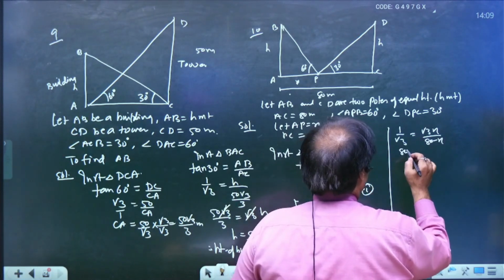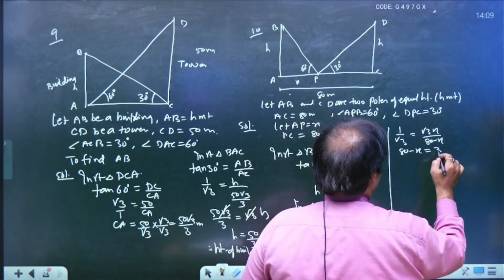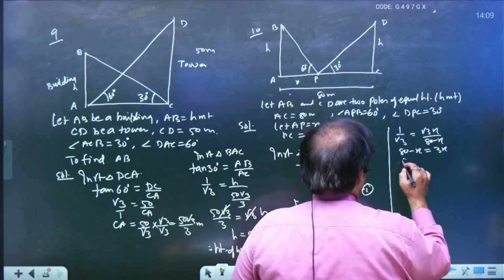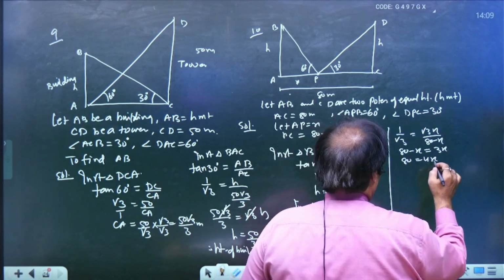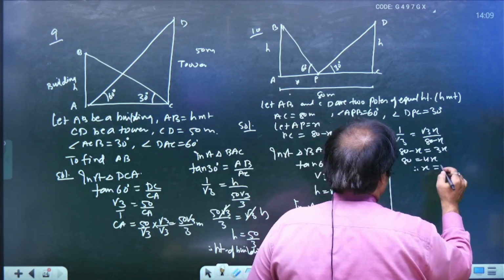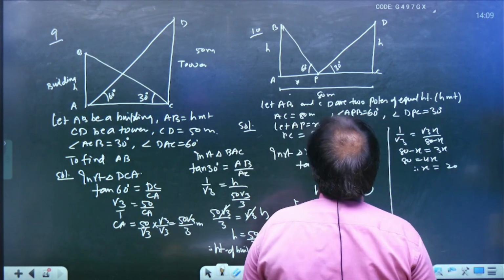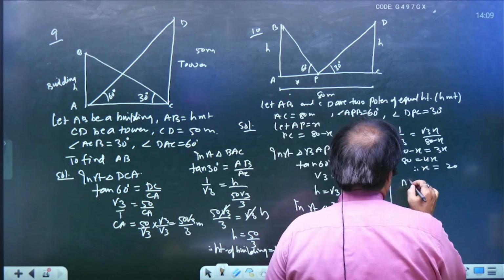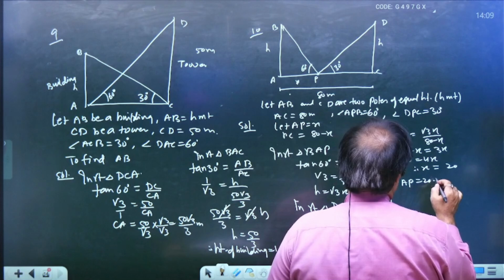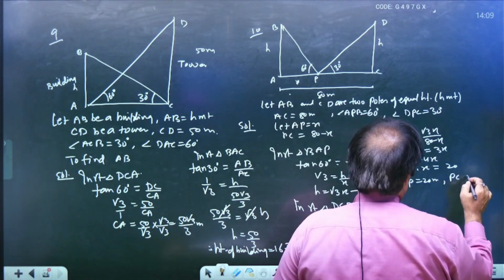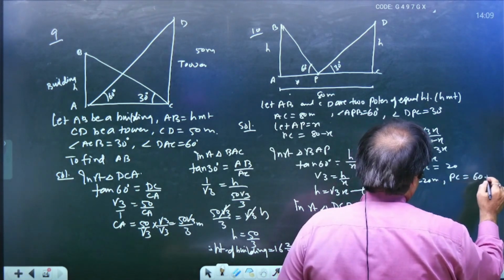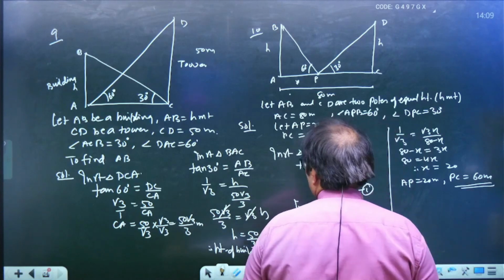By cross multiplication, 80 minus x is equal to 3x, and 80 is equal to 4x. So x is equal to 80 by 4, which is 20 meters. So it means AP is 20 meters and PC is 80 minus 20, 60 meters. This we have already calculated.